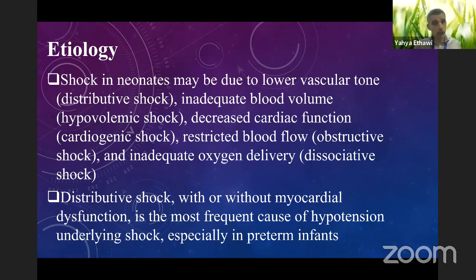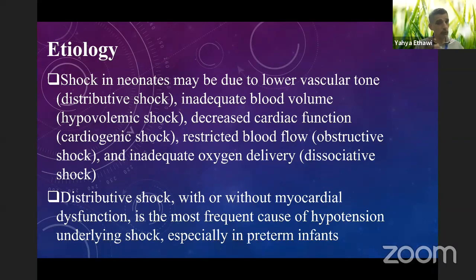Or the tone is okay, the volume is there, the heart is pumping, but there is a blockage. That's what we call obstructive shock. Or the blood is okay, the heart is pumping, the tone is there, but the amount of oxygen bound to the hemoglobin is not good. That's what we call dissociative shock.